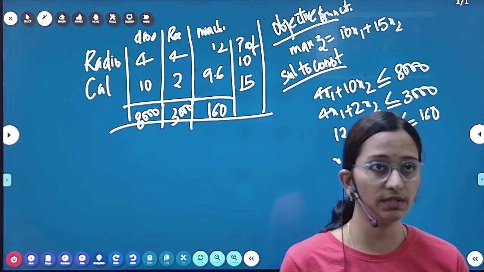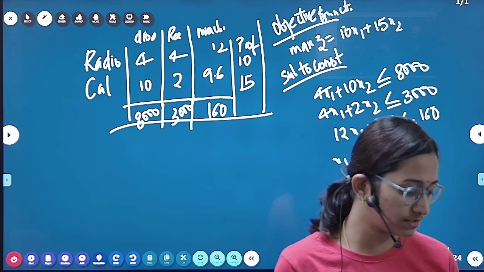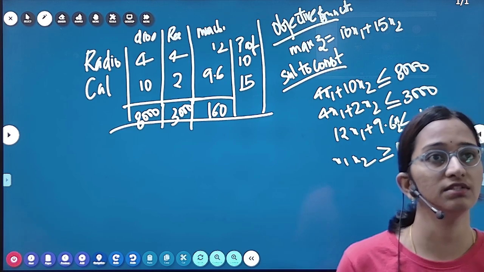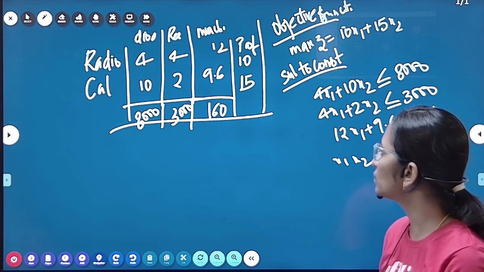In case of radio they have not mentioned the units for resistor and the diodes, and they have not given the units in the question, but in the answer they have taken 4. So that's what I'm writing. Actually I have assumed 1 unit, but in the answer they have written 4 units.